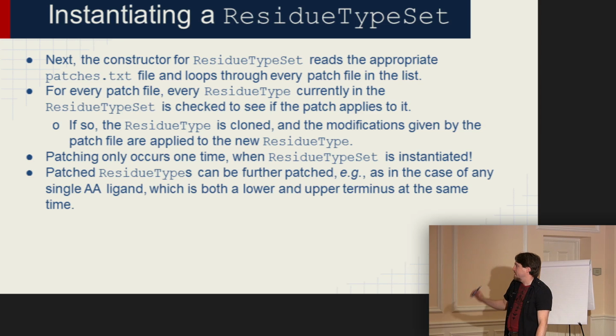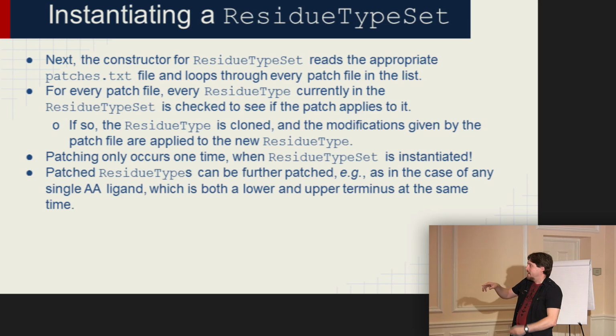All right, it's also important to note that a residue type can be doubly patched or triply patched or quadruply patched. So if alanine goes through and it gets patched into, for example, a lower terminus alanine, which is different because you remember it has to delete the lower connection and replace it with some hydrogens and change the nitrogen from an amide nitrogen into a free amine. So that patch is one patch.